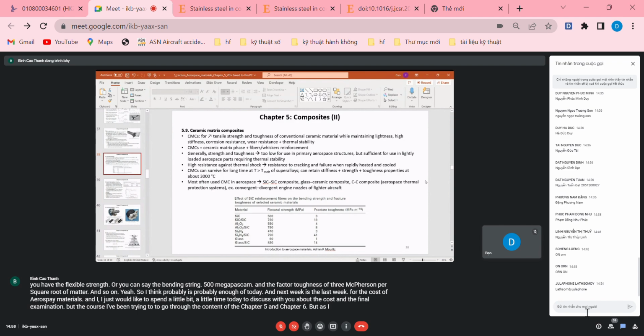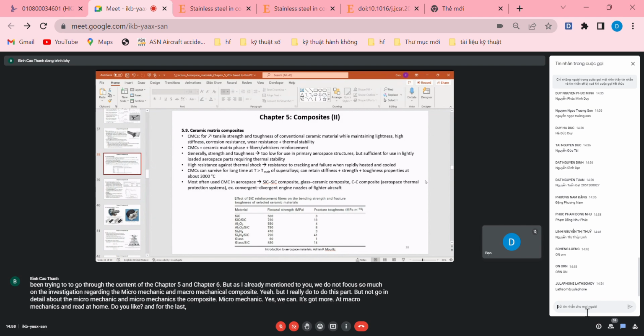But as I already mentioned to you, we do not focus so much on the micromechanics and macromechanics of composites. I will introduce these parts to you, but not go into detail. Micromechanics, yes, we can discuss more, but macromechanics, you can read at home if you like.